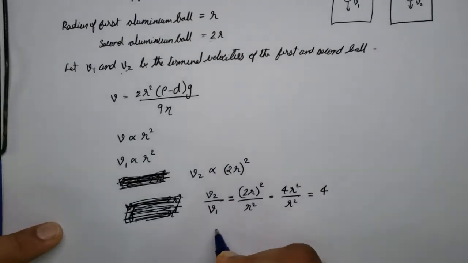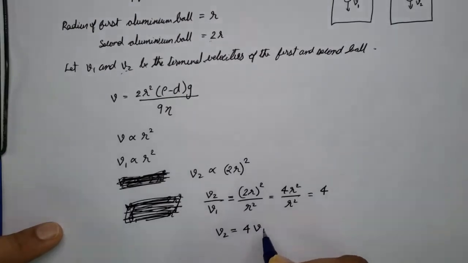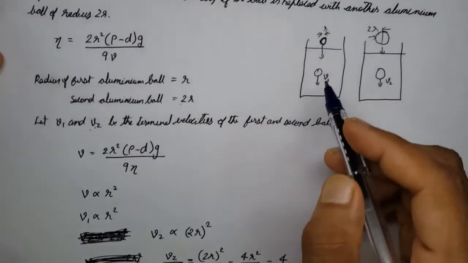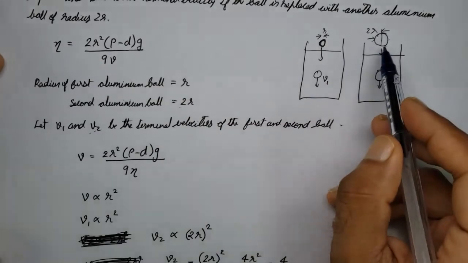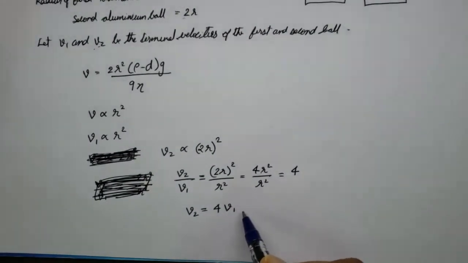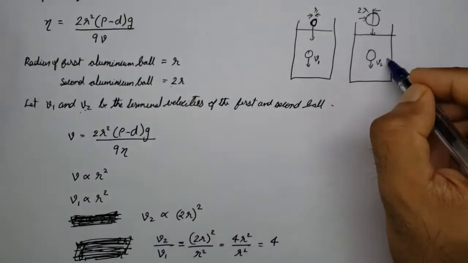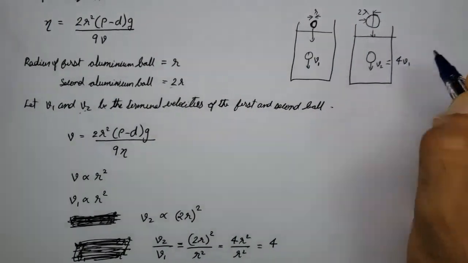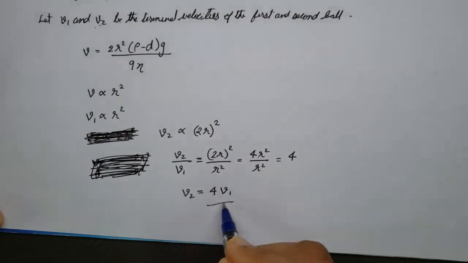What we get is the relation V2 is equal to 4 times V1. That means when the diameter of the ball is doubled, its terminal velocity increases 4 times. So this is our required relationship.